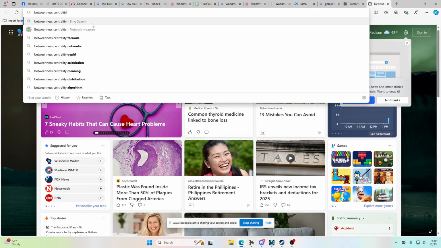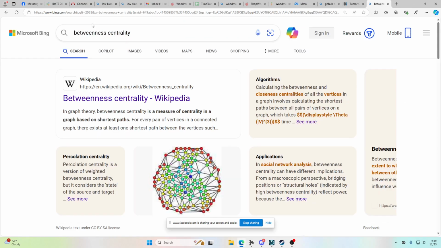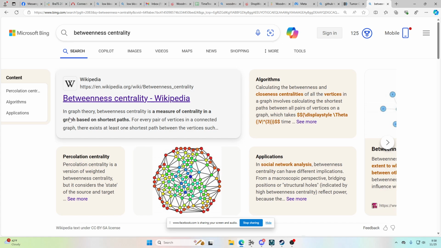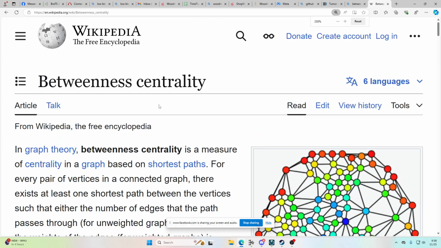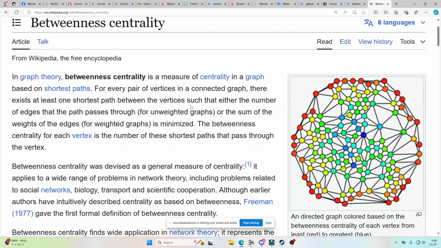But here we'll look up betweenness centrality. In graph theory, betweenness centrality is a measure of centrality in a graph based on shortest paths. For every pair of vertices in a connected graph, there exists at least one shortest path between the vertices, such that the number of edges it passes through is minimized for unweighted graphs, or the sum of the weights is minimized.